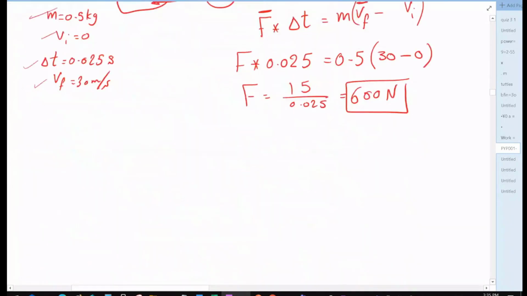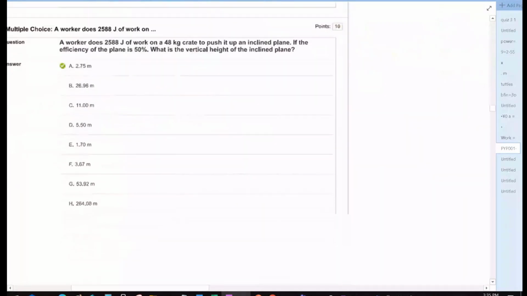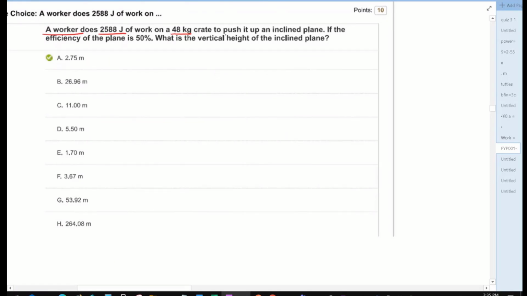Let's see. We have something else. A worker does 2,588 joule of work on a 48 kilogram crate to push it up an incline.